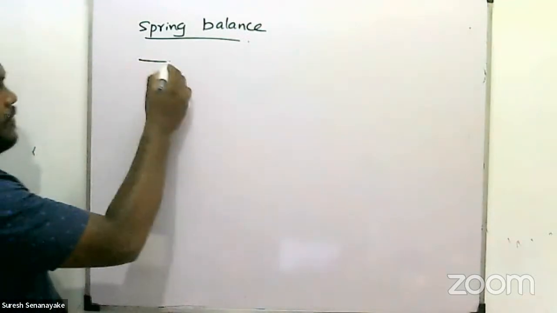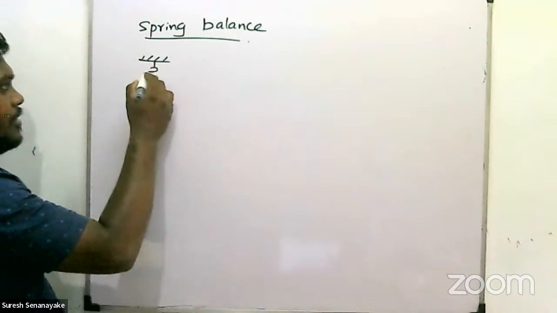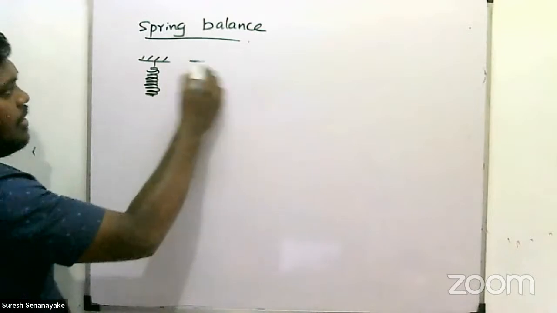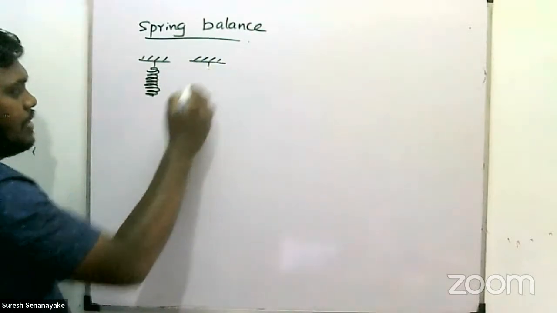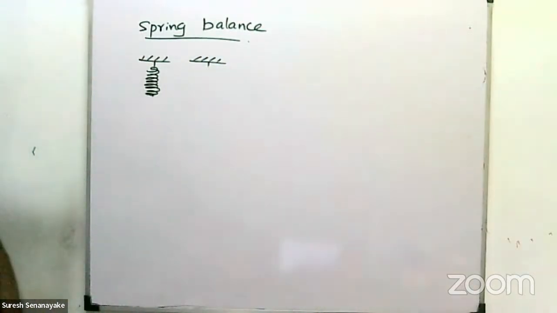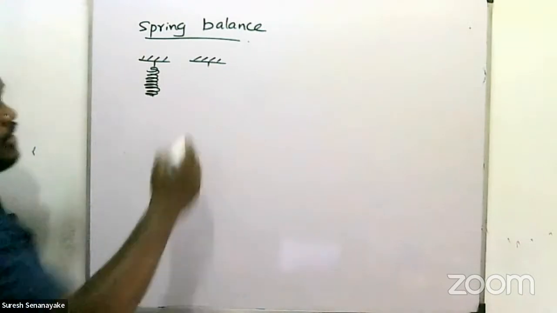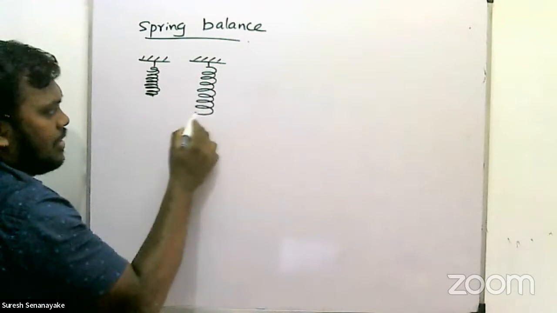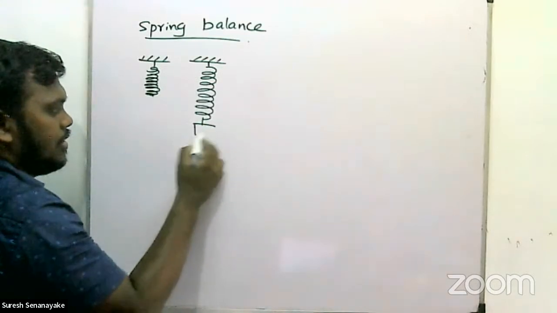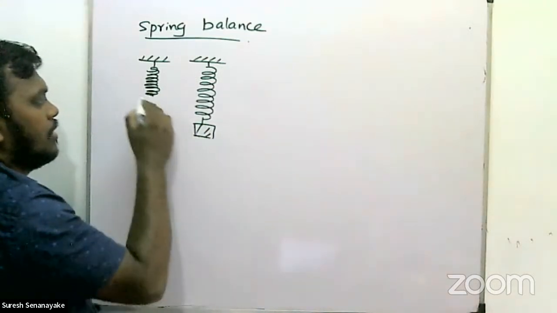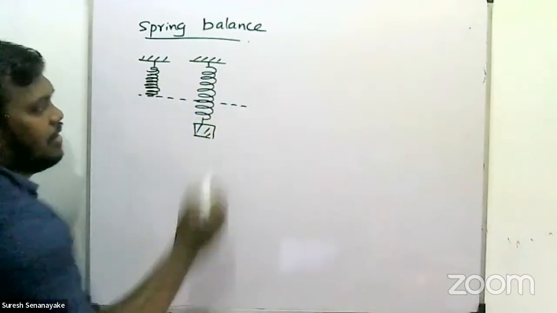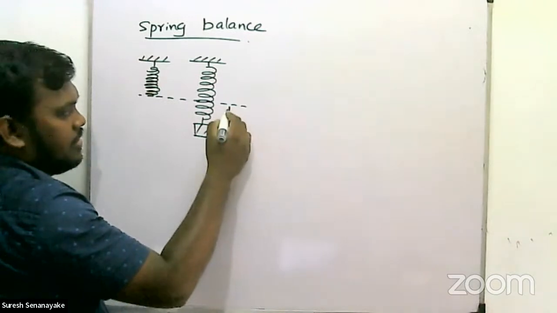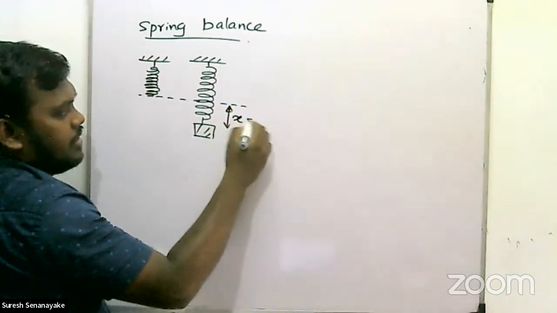If we consider an unstretched spring, and if you hang a weight or mass on the spring, it will be extended, right? The spring will be extended like this. And this amount of extension, let's say it is x.